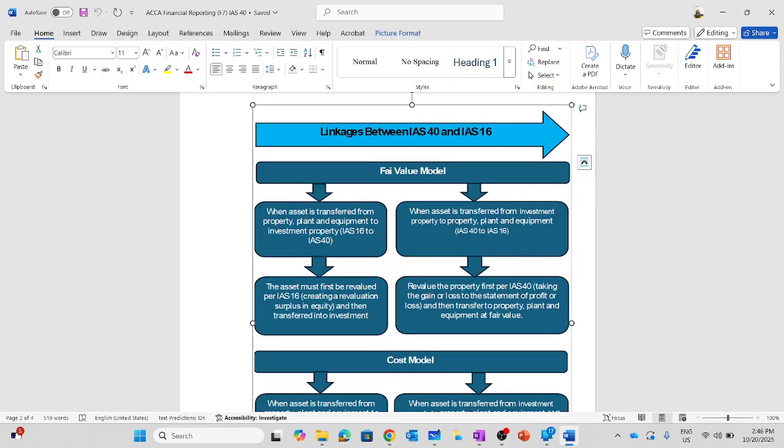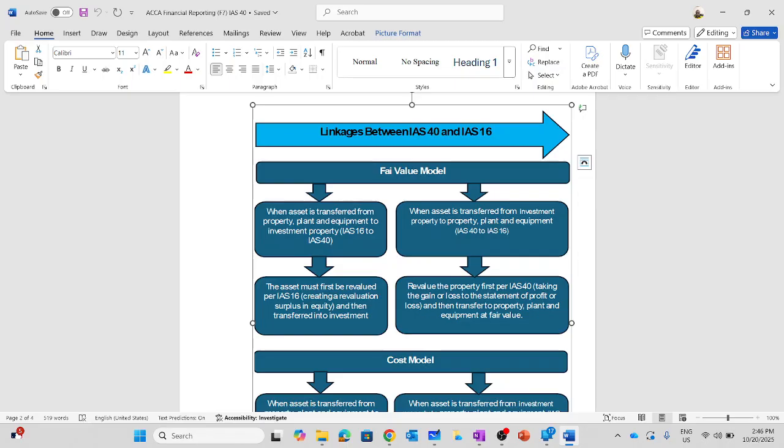So now, under the fair value model, when an asset is transferred from property, plant, and equipment to investment property, we are moving the asset from PPE as per IAS 16 to investment property. What we need to do is very simple.